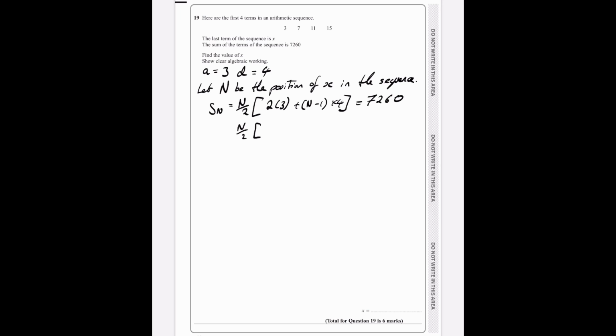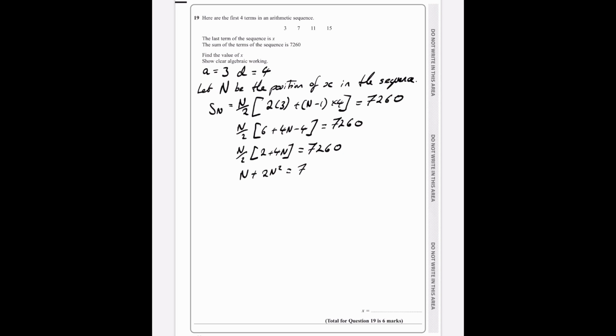And we actually have a quadratic equation set up, so we can solve this quadratic to work out N. First thing I'm going to do is simplify the stuff that's inside the brackets as much as possible. It reduces down to 4n plus 2. Then I'll expand it out, giving me n plus 2n squared equals 7,260.